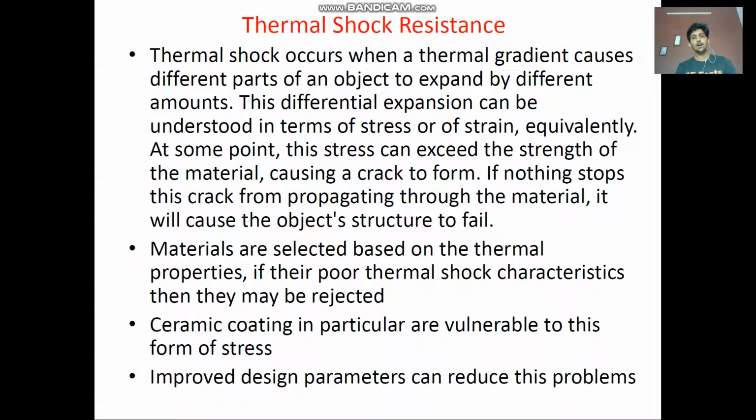Apart from this, we can also use a coating. Suppose we use a certain material and externally apply a ceramic coating, then the stress induced in that component is relatively lesser than its strength, just because the ceramic does not have a large thermal expansion when exposed to higher temperature. This is one of the methods.